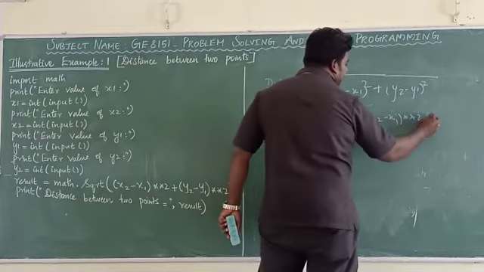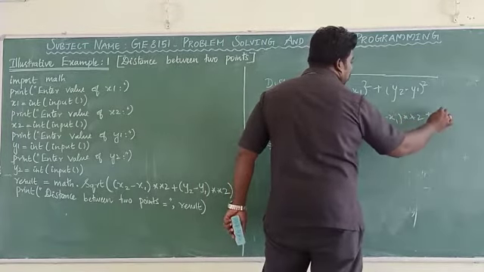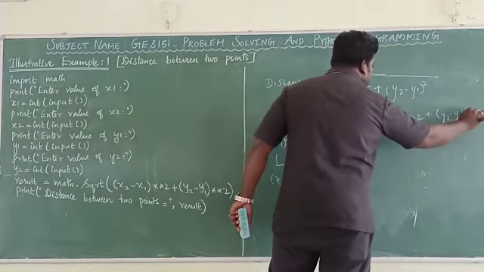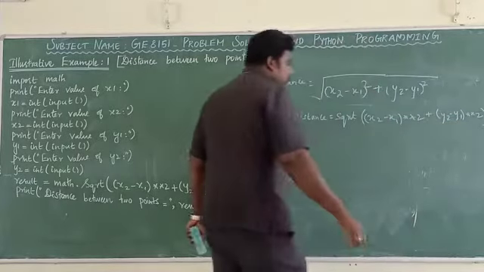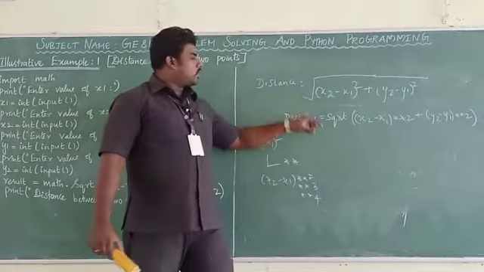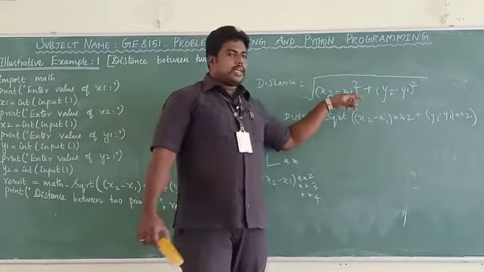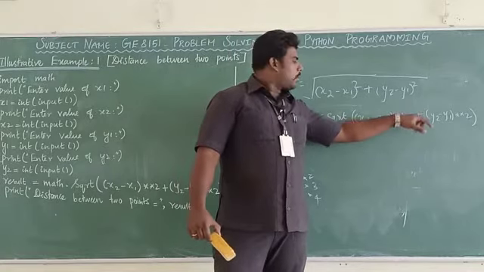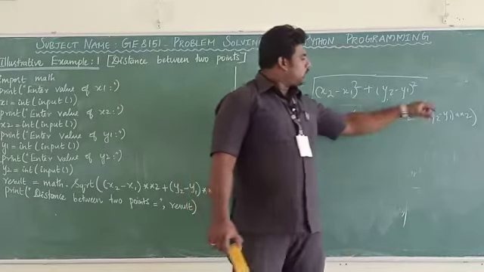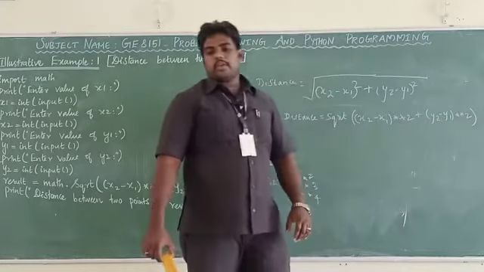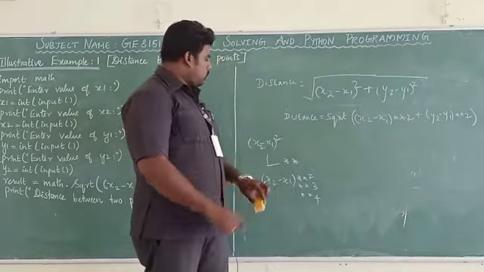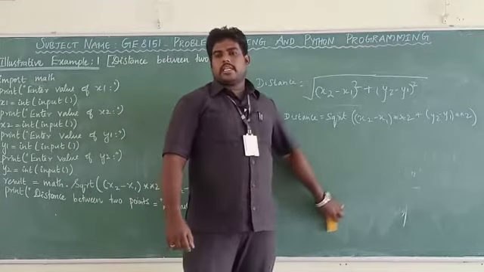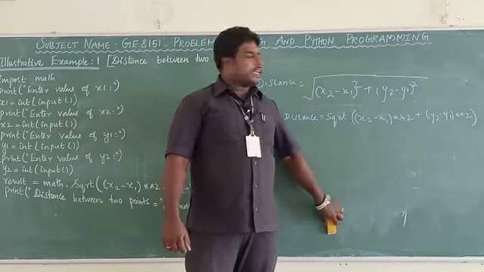The exponent symbol, plus y2 minus y1, 2. So instead of square root you have to use the square root function. Then for x2 minus x1, instead of square you put double star 2. Then for y2 minus y1, instead of square you give double star 2. Now we can see how to write the program, then we can do the manual derivations.